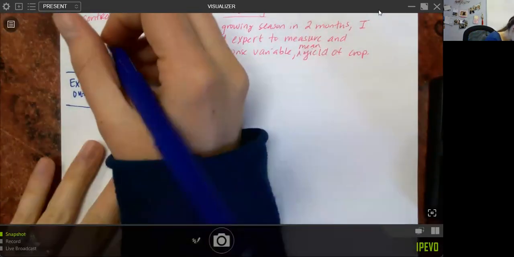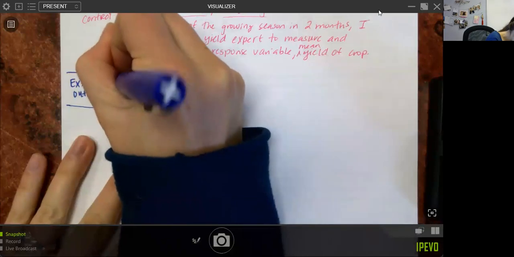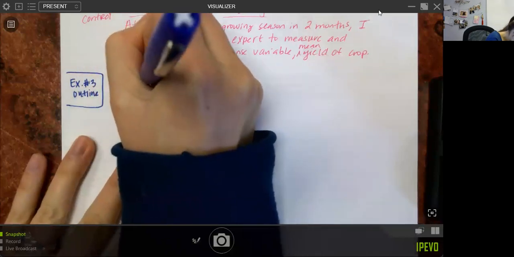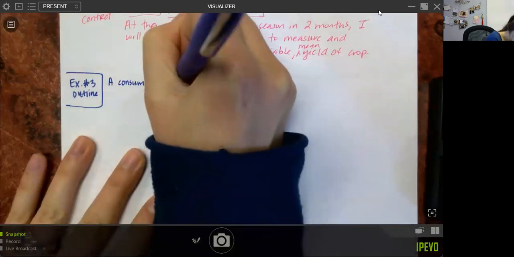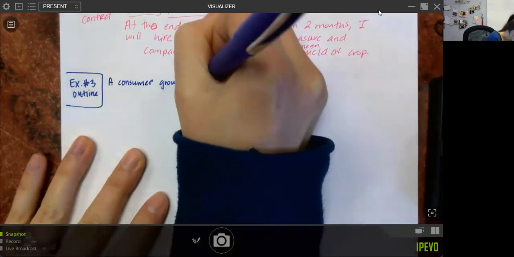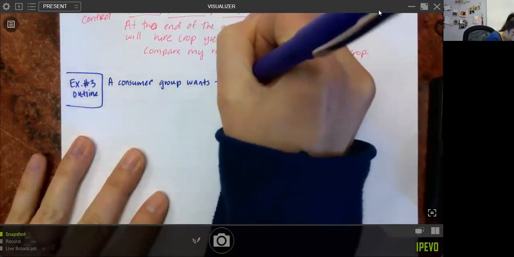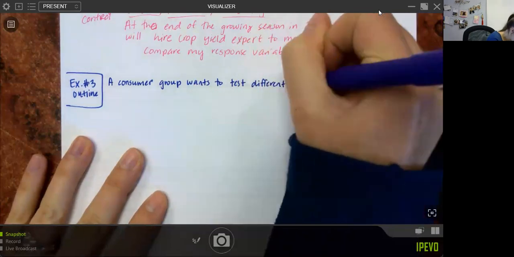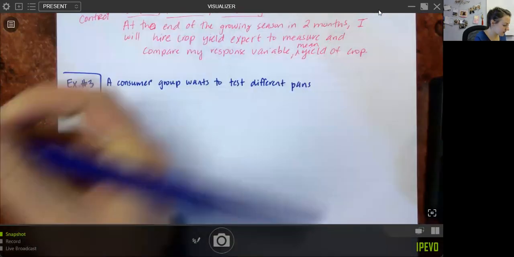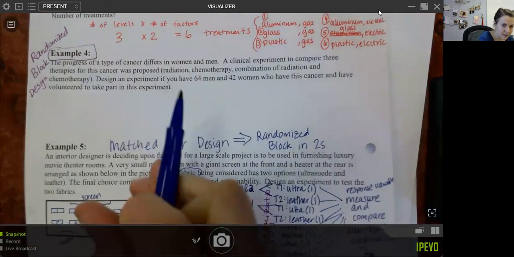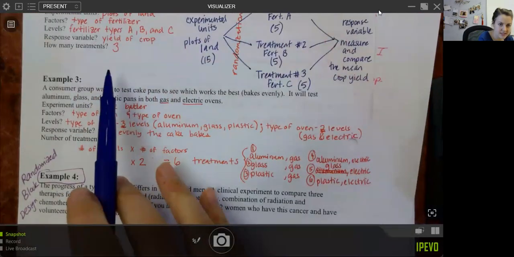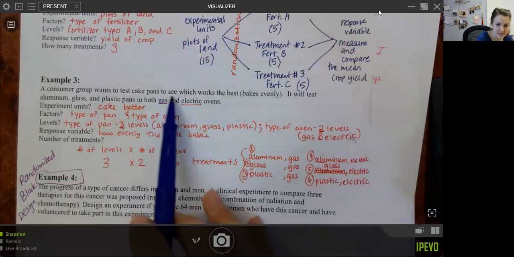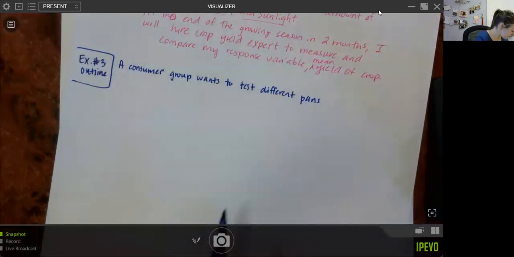So we're going to say a consumer, I'm just going to plagiarize here. A consumer group wants to test cake pans to see which works the best.